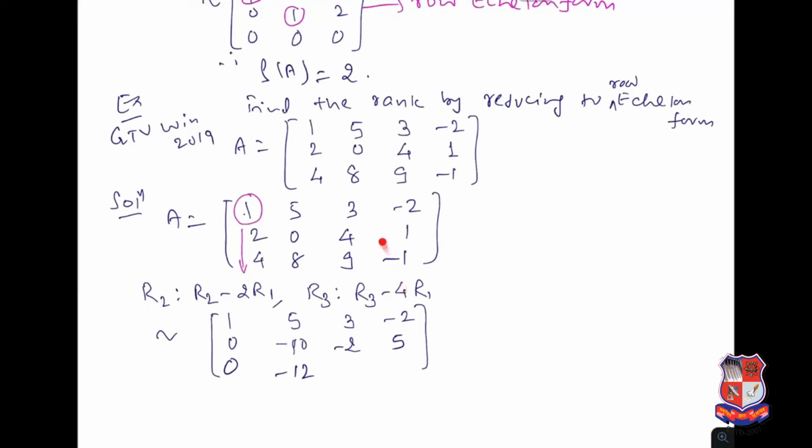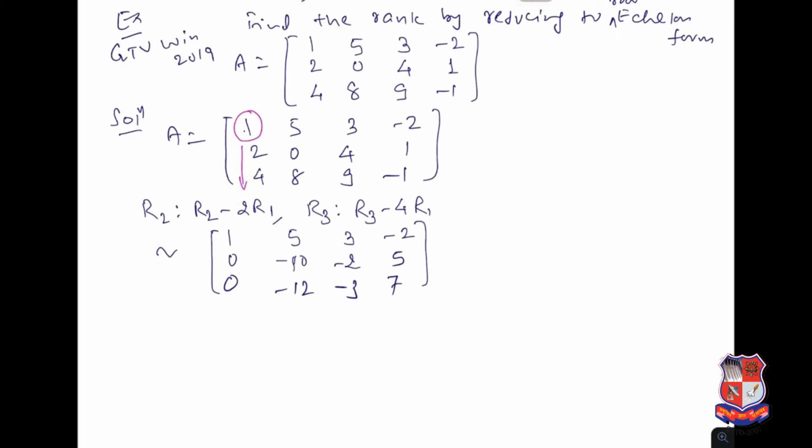Then minus 12 plus 9, so minus 3. Then plus 8 and minus 1, so that is 7. So that is the way.